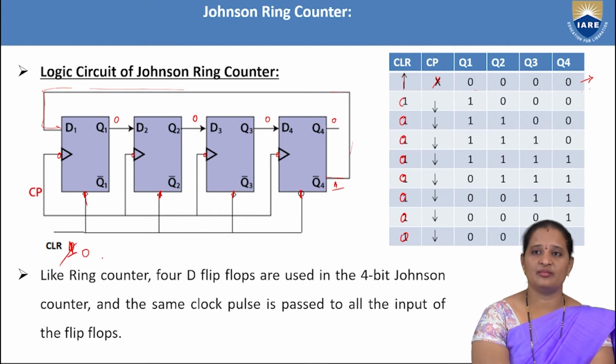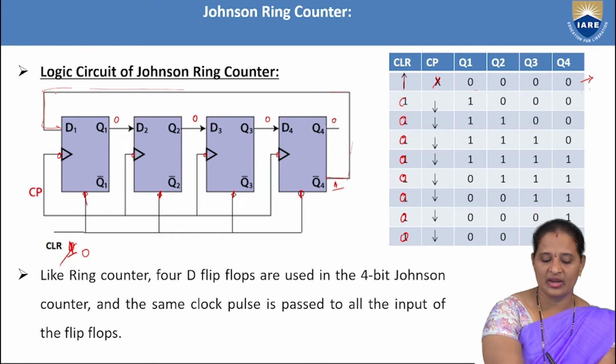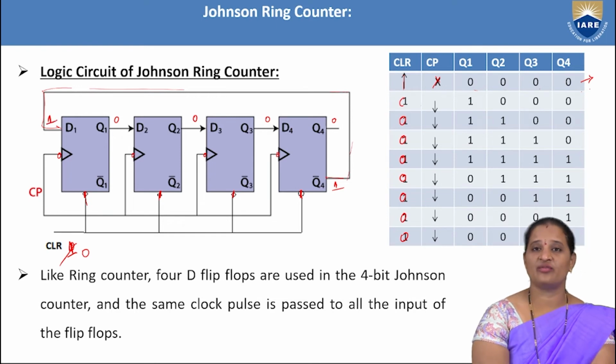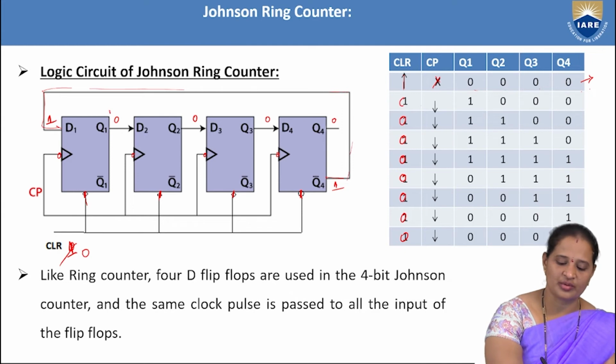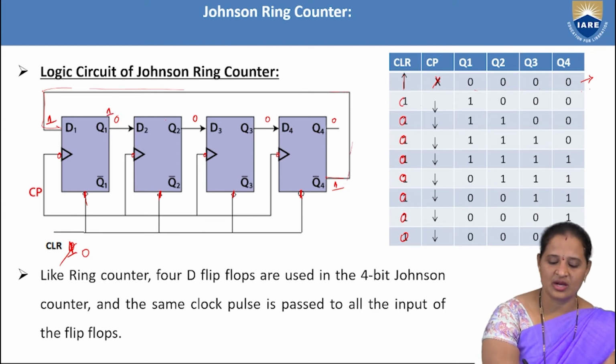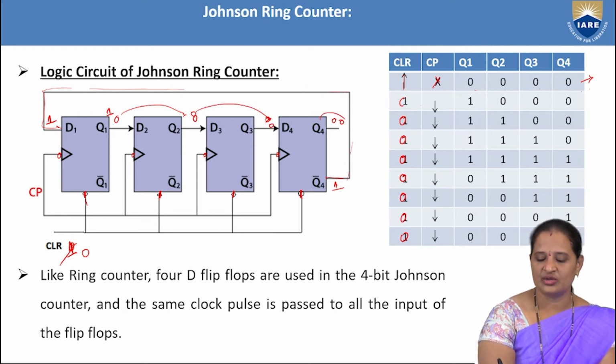Now I made clear input as 0. During the first clock pulse, the complemented output of the last flip-flop is applied as input to the first flip-flop. Thus this output becomes 1, and the others are pushed along, each being 0.